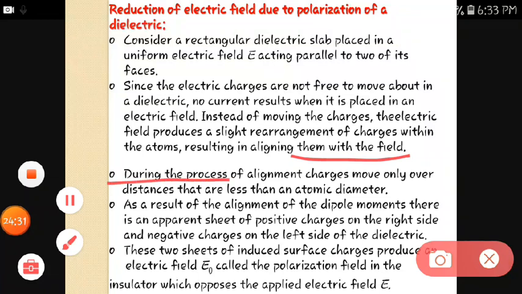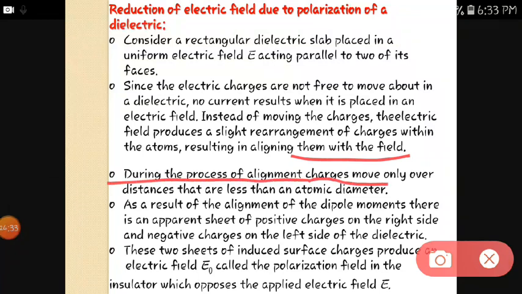During the process of alignment, charges move only over distances that are much less than the atomic diameter. Atomic diameter is already very small, and they move in such a small space because they are dielectrics, by an amount less than an atomic diameter.